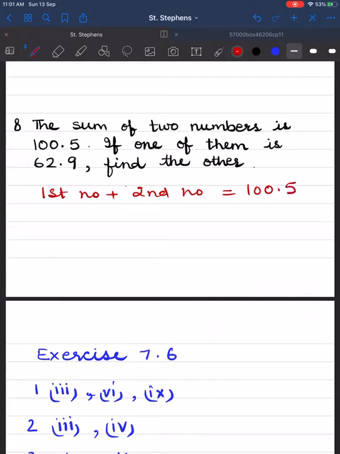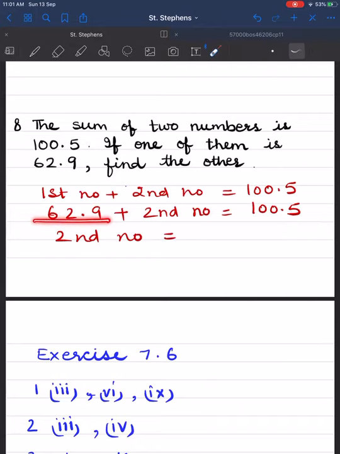Now we are given one of the numbers. So let's say it is 62.9 plus second number equal to 100.5. So to find out the second number, we have to subtract 62.9 from 100.5. So we write 100.5 on the top and we subtract 62.9.